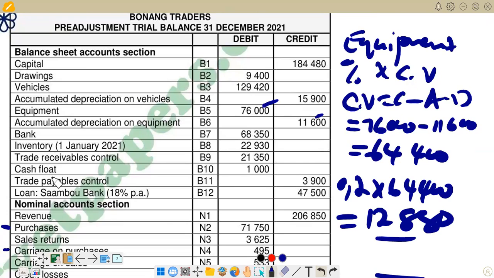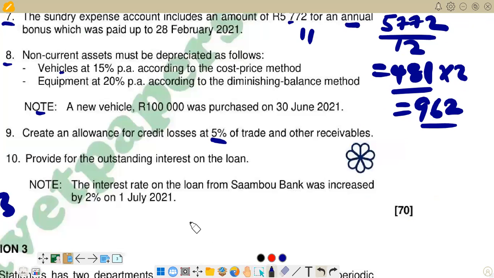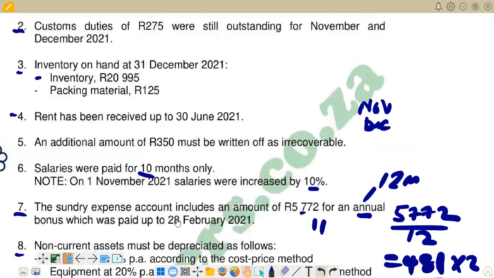Here the figure for trade and other receivables is under trade receivables control. 21,350 is the figure. But in the additional information, remember there are some trade receivables that were written off that we need to subtract first. In the additional information, we have something about that on item 5.